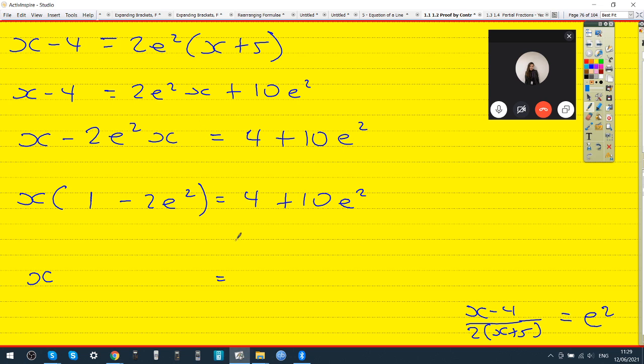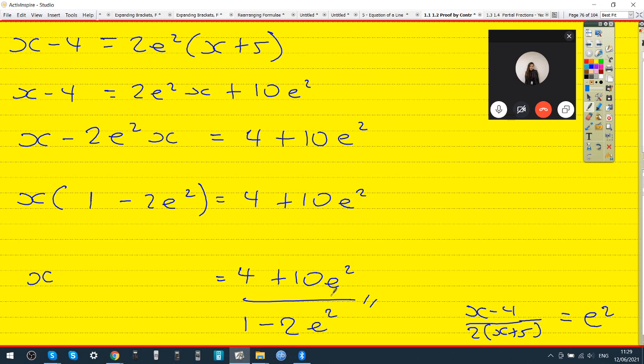Can you divide by the x1 minus 2e squared? Divide both sides by that, and that's your answer. So you've made it x equals. You found x, and it's in terms of e, so it's an exact value.